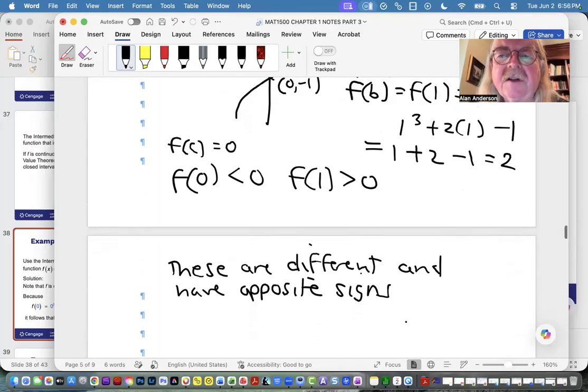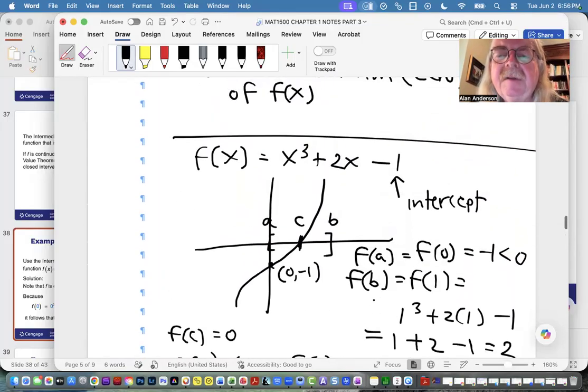And then on top of that, the function is continuous. Now, there's a theorem floating around somewhere in this book that explains to us that polynomials are always continuous, but I don't think we've run into it yet. But you can see x cubed plus 2x minus 1, just by looking at the graph, it's pretty clear that it's continuous.